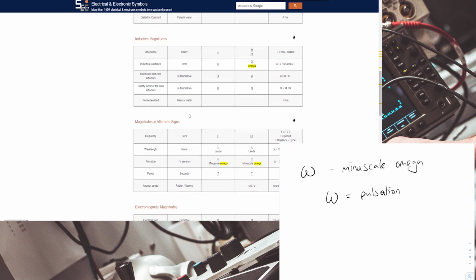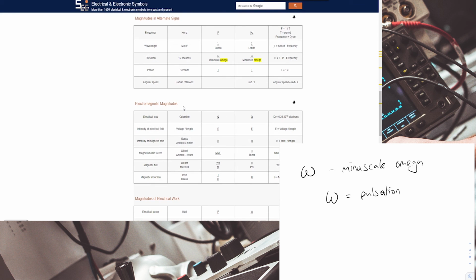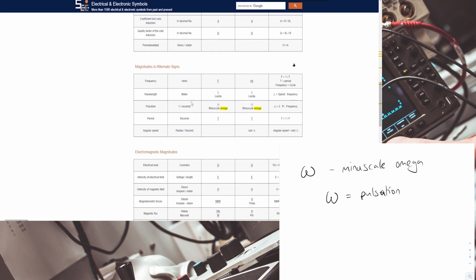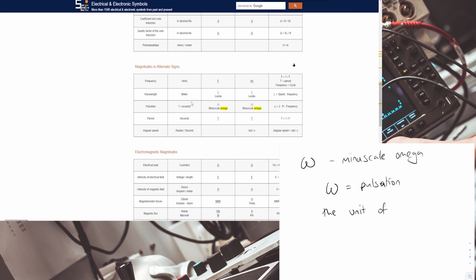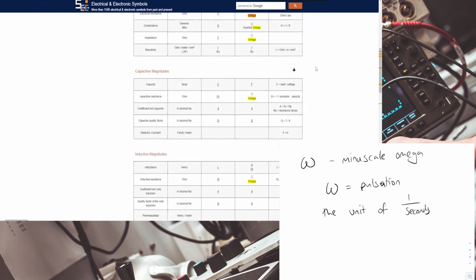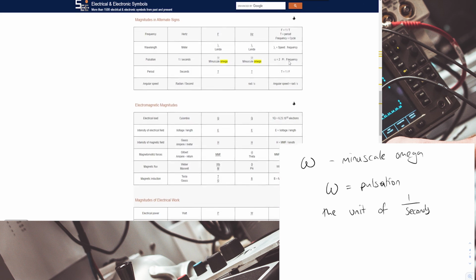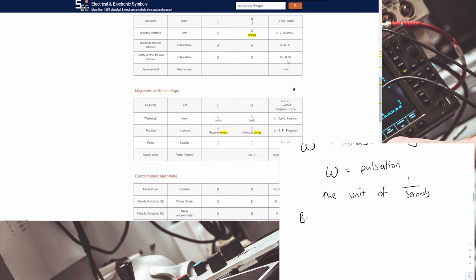What's this column for? Unit. Okay, so it's the unit of 1/seconds. And what's this last column? Basic calculation. Okay, so omega is equal to 2, what's that? Is that supposed to be a times, right?